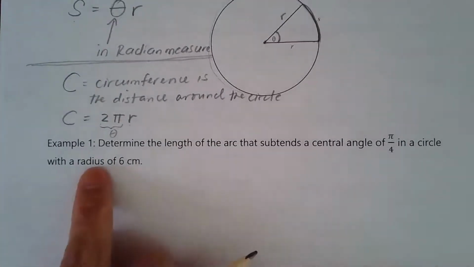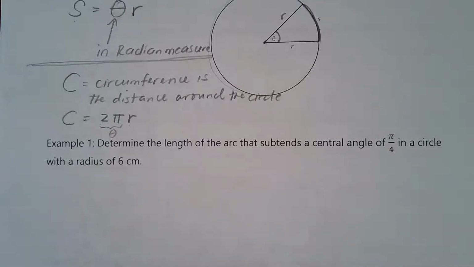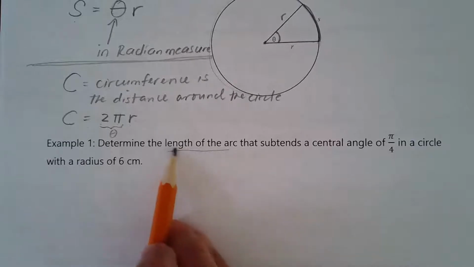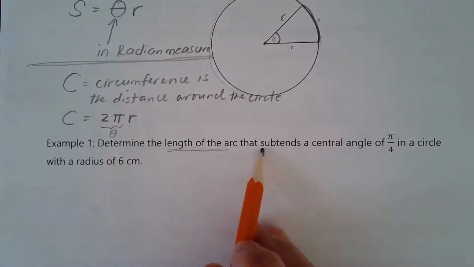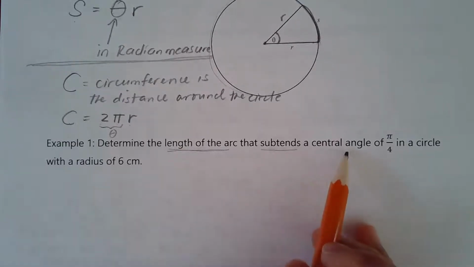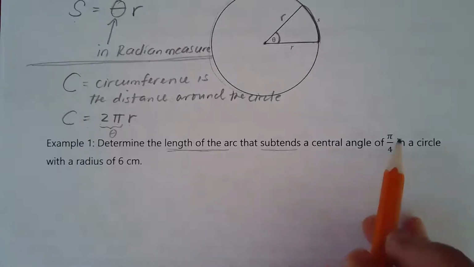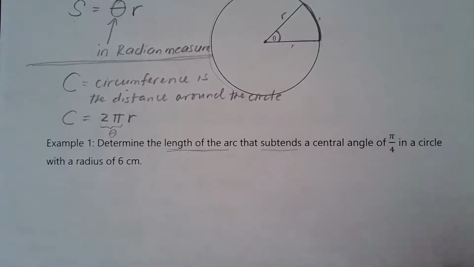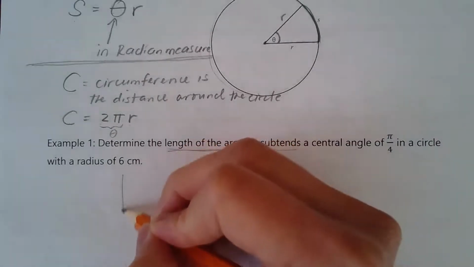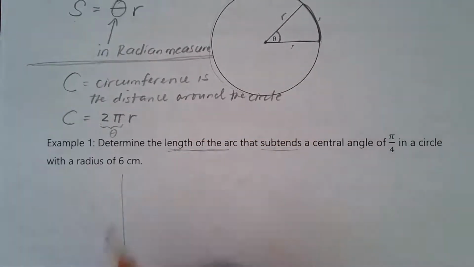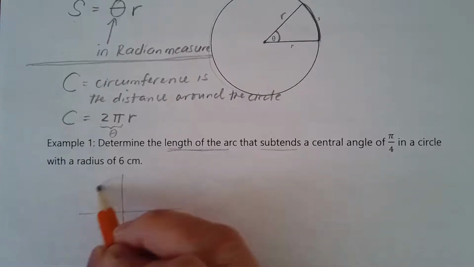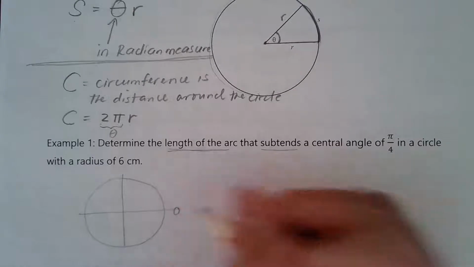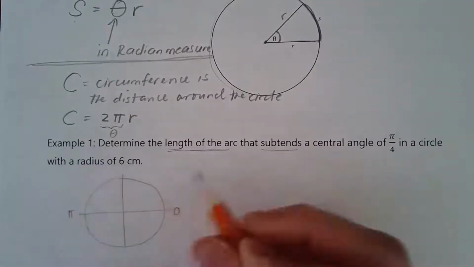Let's take a look at example number 1: determine the length of the arc that subtends a central angle of pi over 4 in a circle with a radius of 4 centimeters. If I put this circle on a Cartesian plane, this is 0 and this is pi.